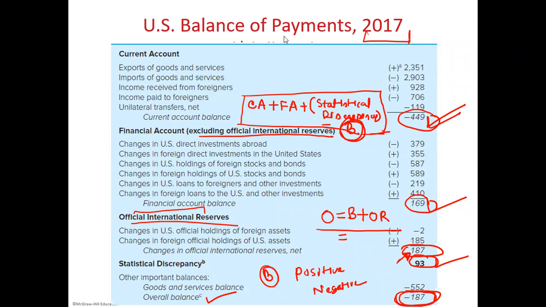So how can we make borrowing? Foreigners will invest in us. Yes. How can we make borrowing? If foreigners invest in our assets, in that case can we say that we have made borrowing?